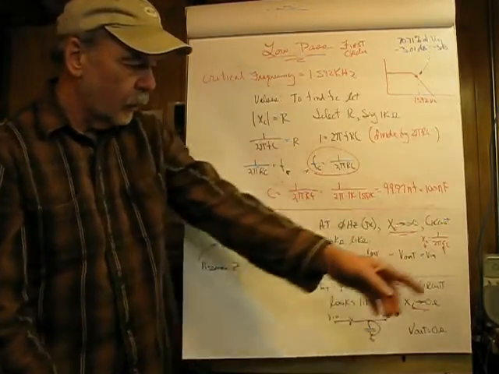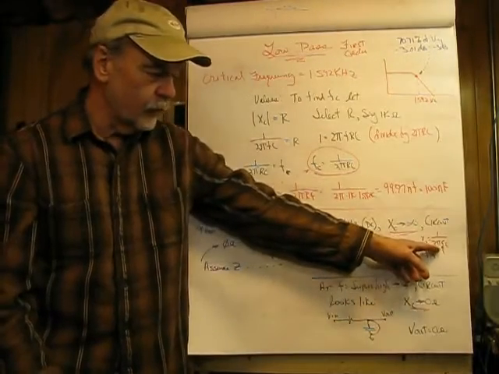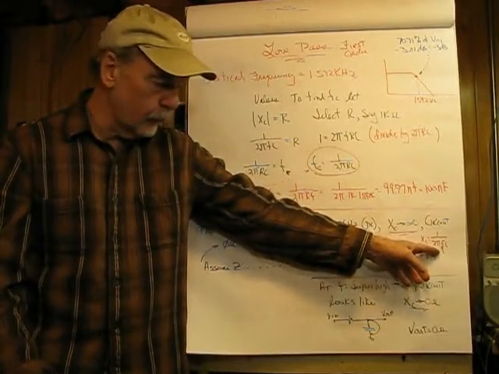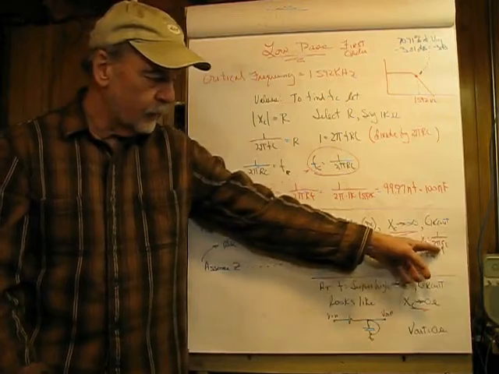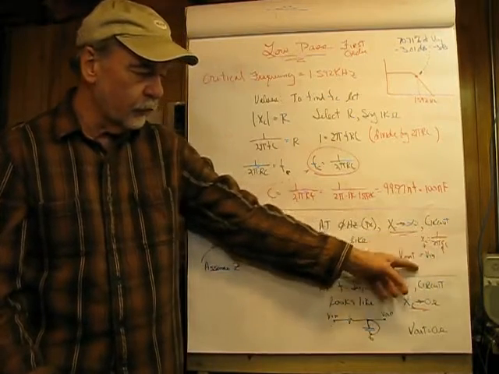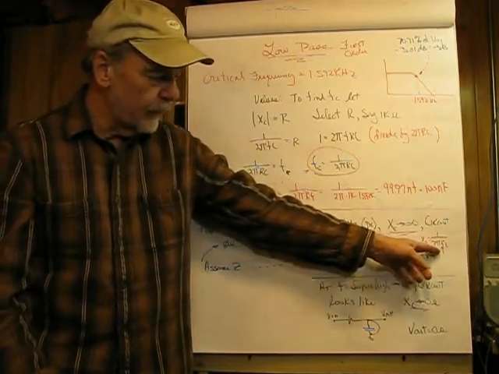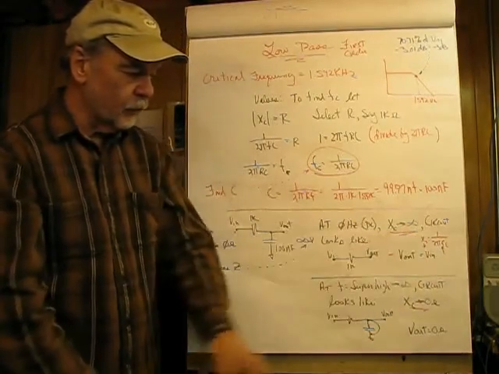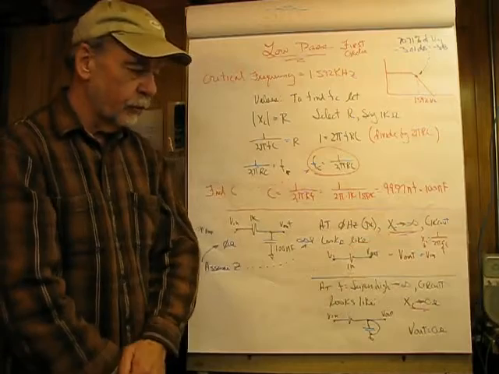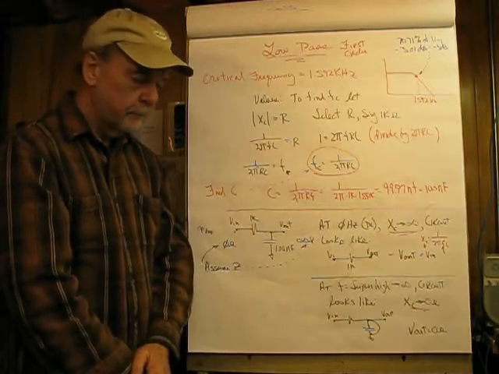If we look at the equation for capacitive reactance, we see that the frequency is located in the denominator, and as the frequency increases, the capacitive reactance decreases. So if F goes really, really high and approaches infinity, X sub C goes very, very low and approaches 0.